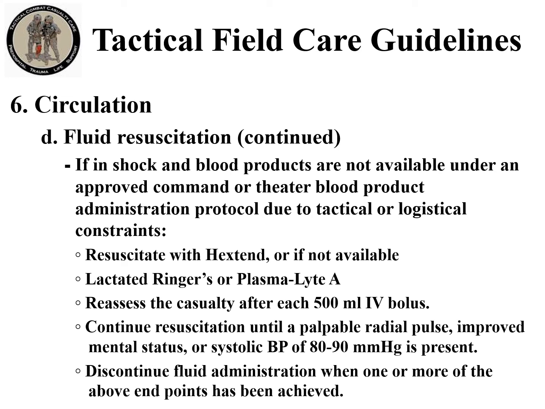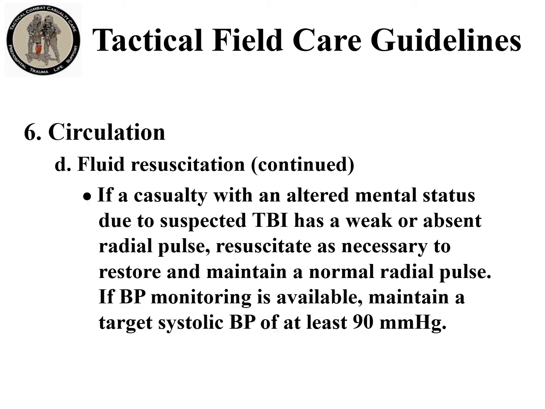Continue resuscitation until a palpable radial pulse, improved mental status, or systolic blood pressure of 80 to 90 millimeters is present. Discontinue fluid administration when one or more of the above endpoints has been achieved.